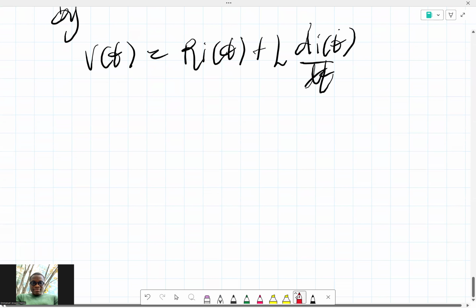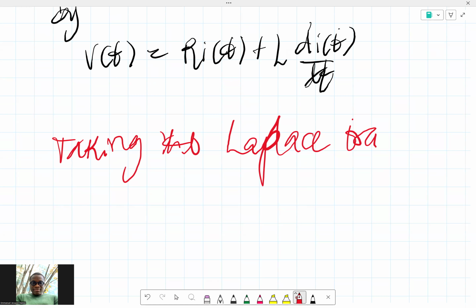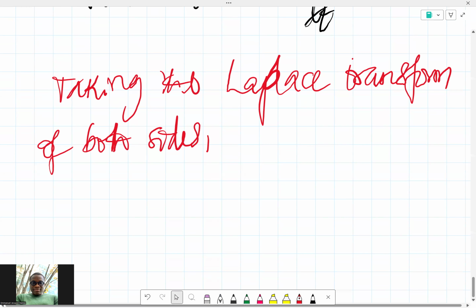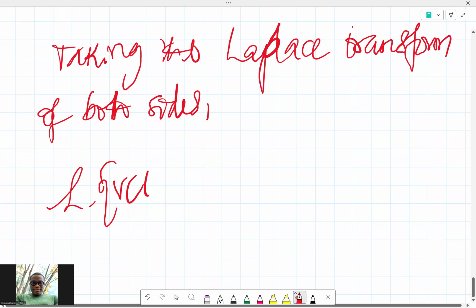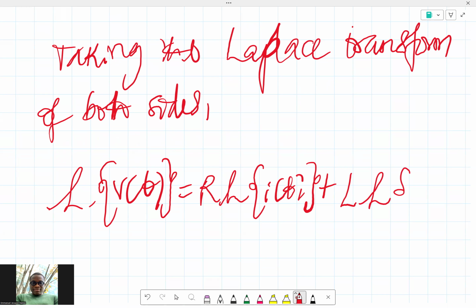Okay, so taking the Laplace transform of both sides, we have L of v(t), and that is equal to R L of i(t), plus L, the normal inductor, and the Laplace now of di(t)/dt.